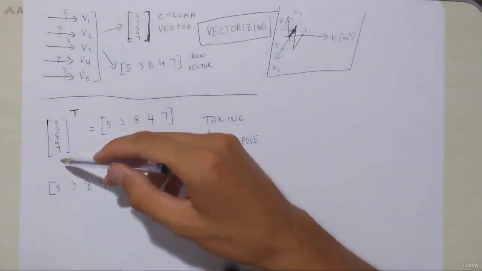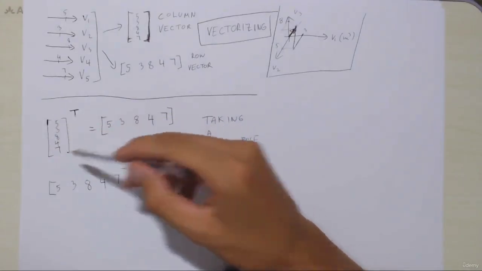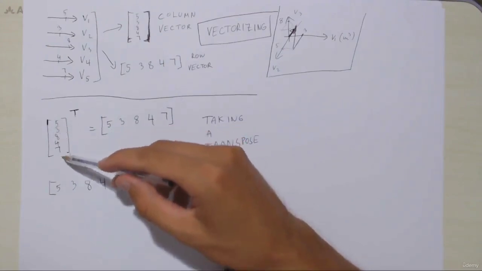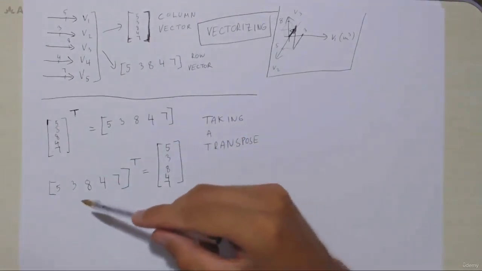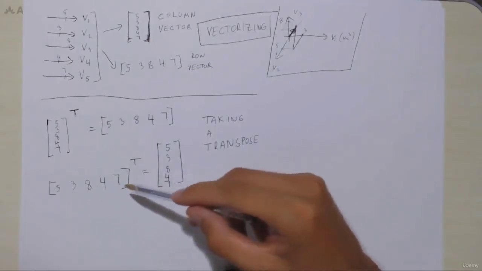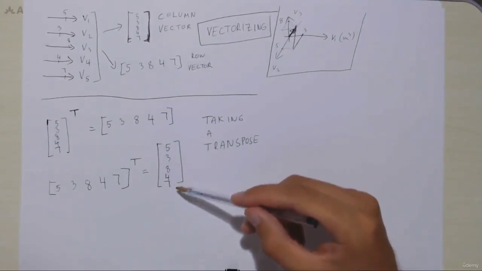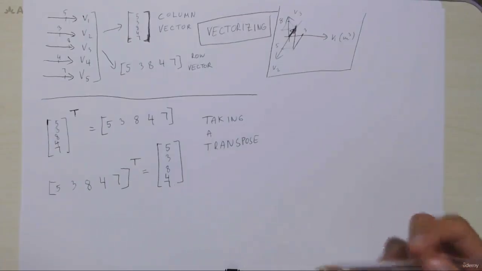What it does is, if you have a column vector, it makes this column into a row. So you see 5, 3, 8, 4, 7. And vice versa, if I take a transpose of it, I will get 5, 3, 8, 4, 7. So rows become columns and columns become rows.